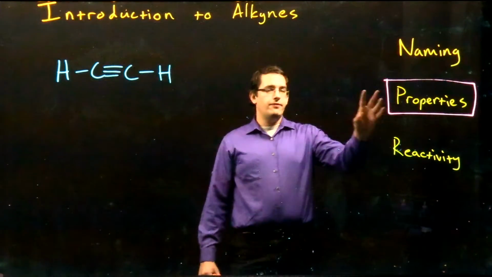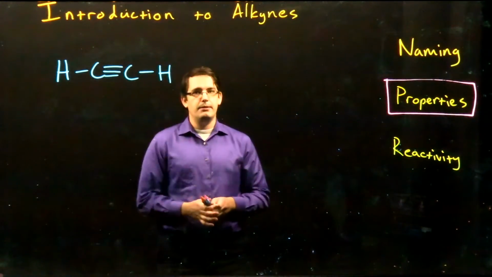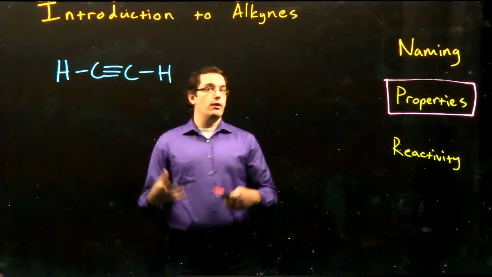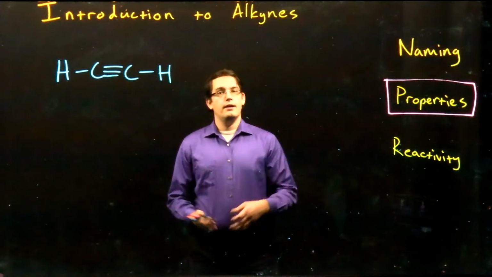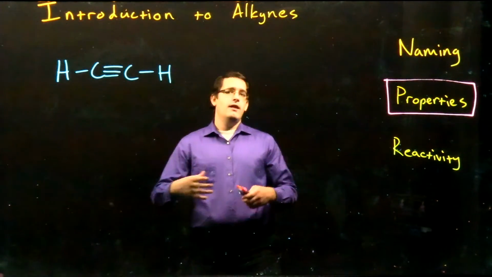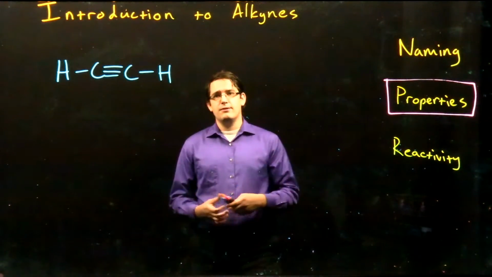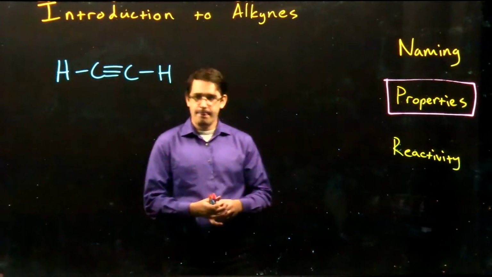Next, we'll take a look at the physical properties of our alkynes. Now, of course, our alkynes are very similar to our other hydrocarbons, right? They only contain carbon-carbon bonds, which are purely covalent, and carbon-hydrogen bonds, which, although technically slightly polar, the electronegativity difference is so small that we usually just consider them as purely covalent bonds.